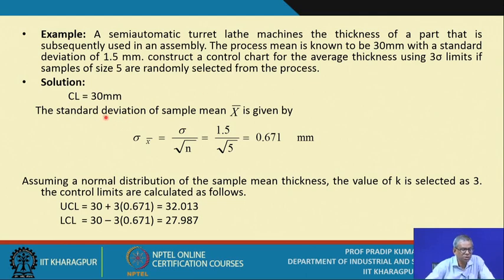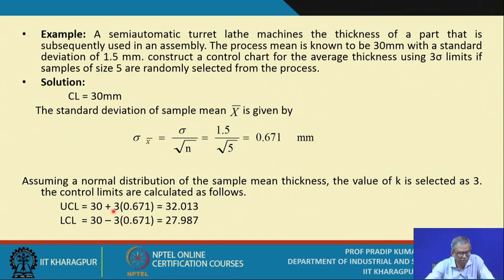So how do you get the solution? The central line is 30 mm. The standard deviation of the sample mean, as per the central limit theorem, is sigma x bar equals sigma upon root n. So this is 1.5 divided by root 5, that is 0.671 mm. So what will be the upper control limit?